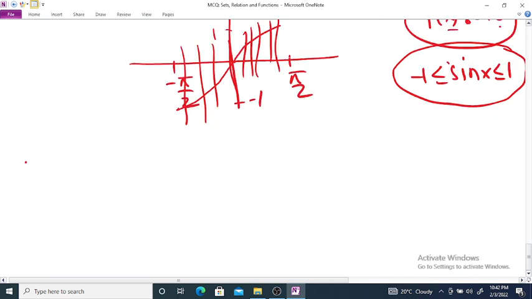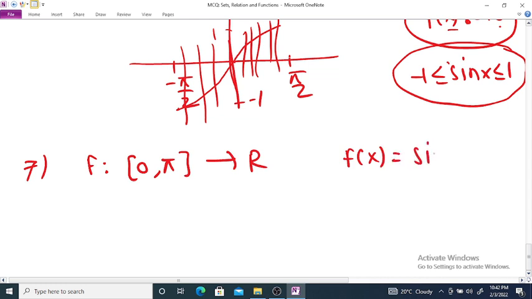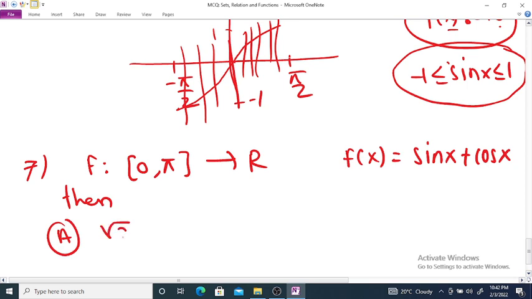Now question number 7. Let f be a function from the closed interval 0 to pi to R, defined as f of x is equal to sin x plus cos x. Then option A, under root of 2 lies in the range of f.